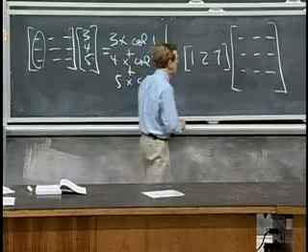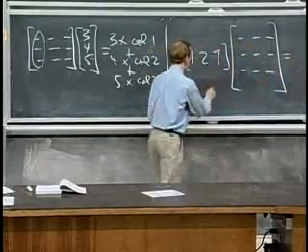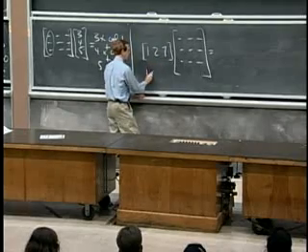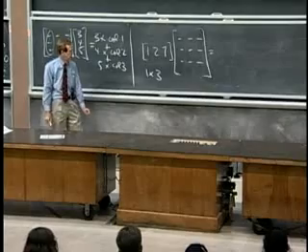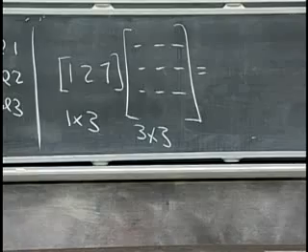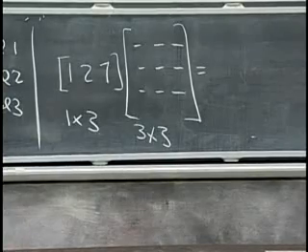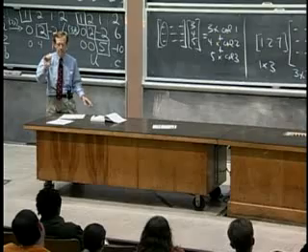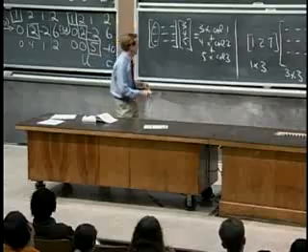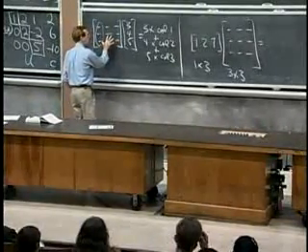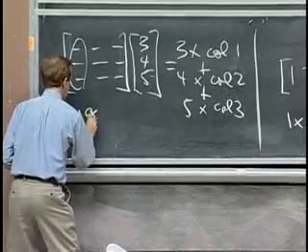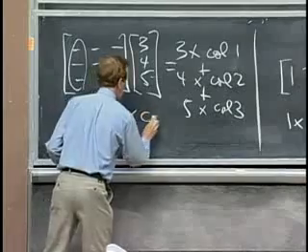Okay, how does it work by rows? So this is a row vector. I could say that's a 1 by 3 matrix, a row vector multiplying a 3 by 3 matrix. What's the output? What's the product of a row times a matrix? A matrix times a column is a column.